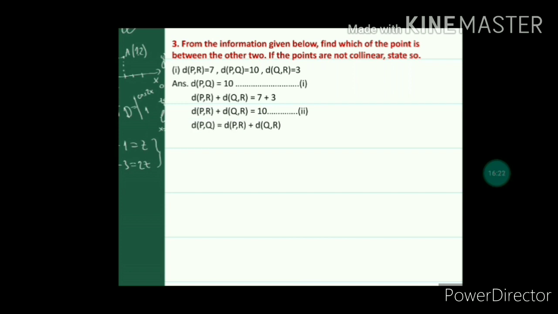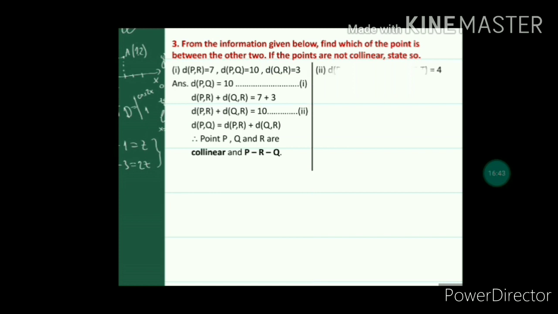Distance of PQ is equal to distance of PR plus distance of QR. Therefore, points P, Q and R are collinear and written as P-R-Q.